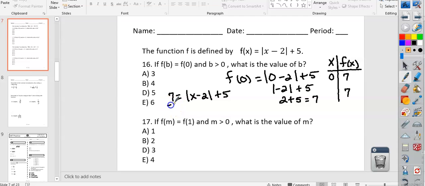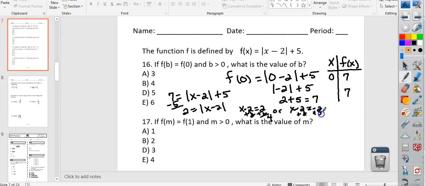So we're going to subtract 5 to isolate the absolute value, and then I need to solve my two equations. You always set it equal to the positive of this and then the negative of that. So I would add 2 to both sides. I get a 4 here.